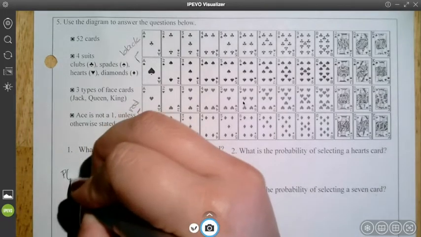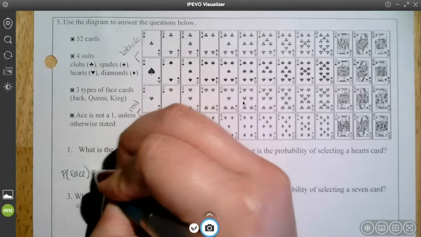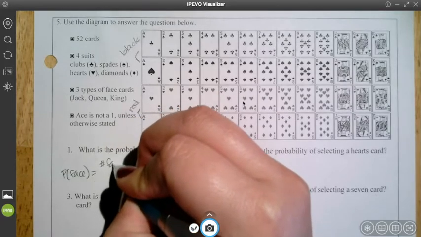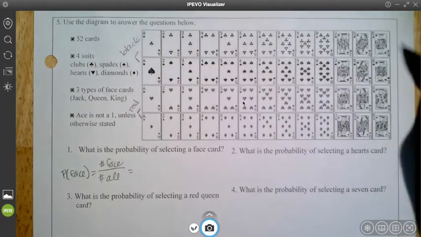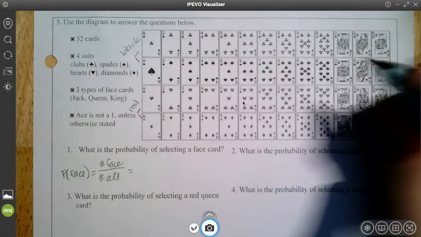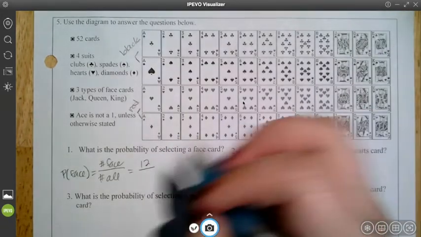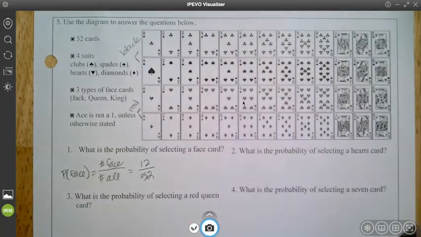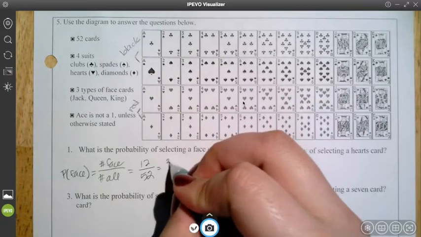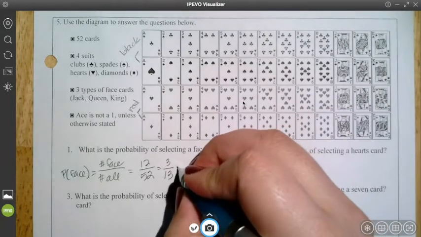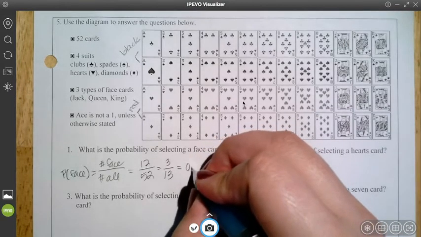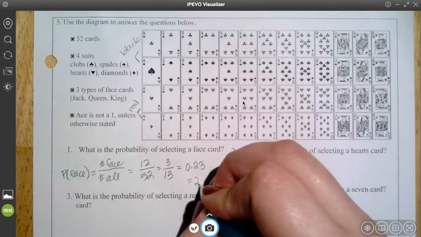So probability of face. So we want to know how many face cards are there out of all of the cards. So we have 3, 6, 9, 12 face cards out of the whole 52 card deck, which simplifies to 3 over 13, which we can then calculate to be 0.23 or 23%.